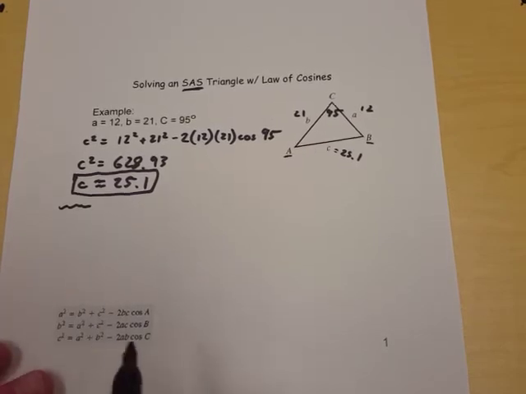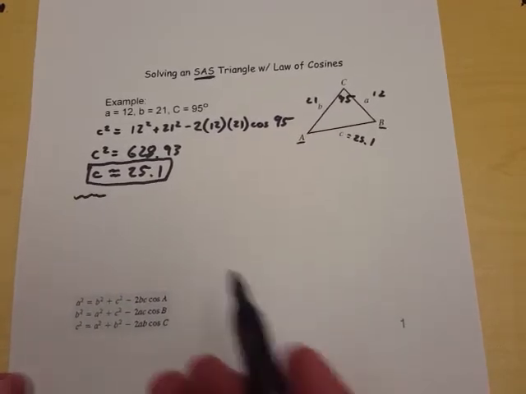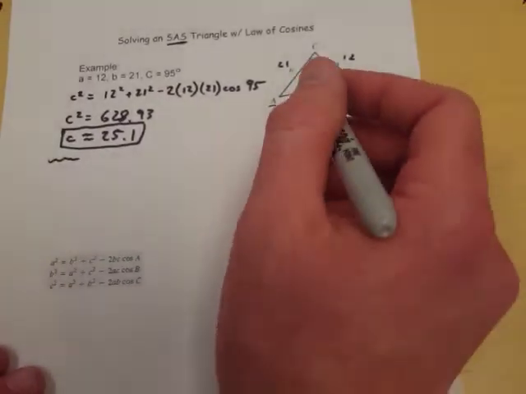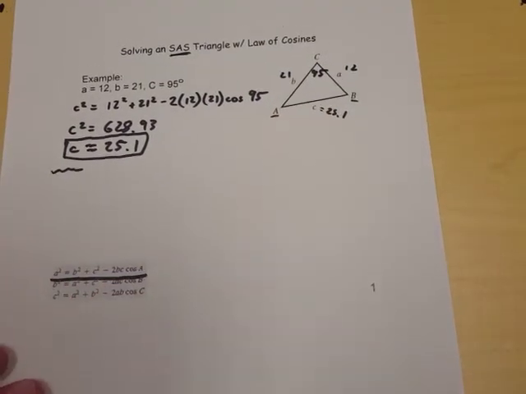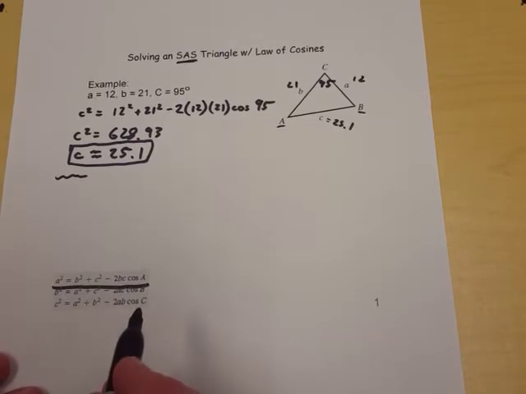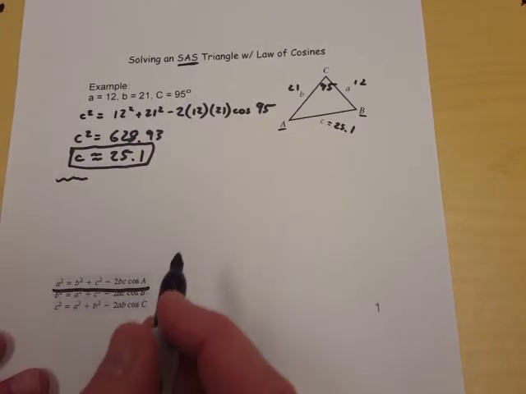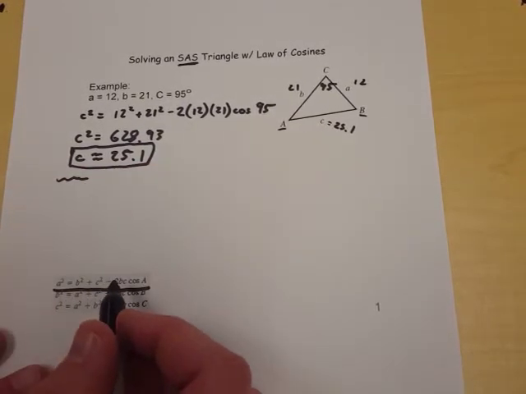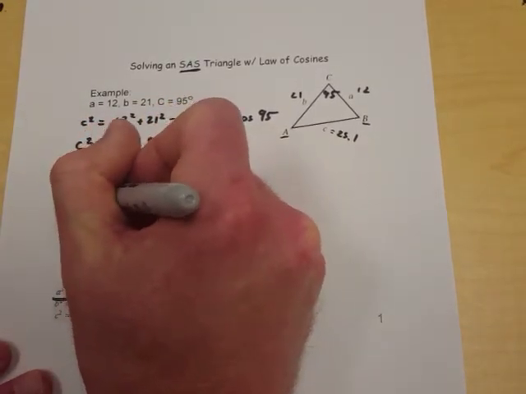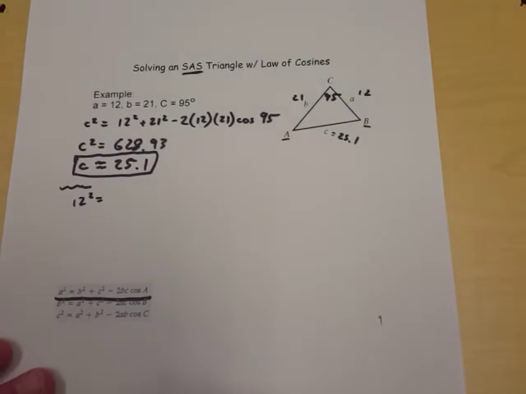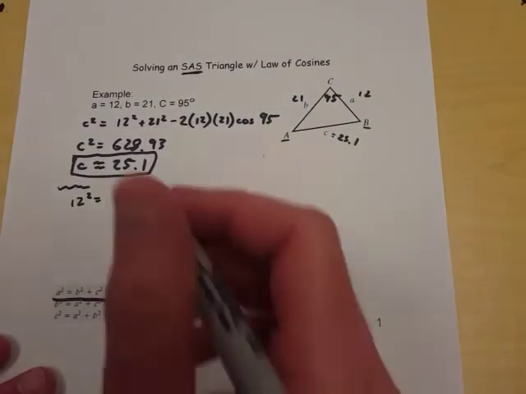So in the second step, we just got to choose which one we want. Let's maybe find angle A, just because. And so we'll pick this first version of it because that involves an A right there. I'm going to plug in what I know. I have all the little numbers at this point. So A squared is, so that's 12 squared on the left-hand side, then b squared plus c squared.